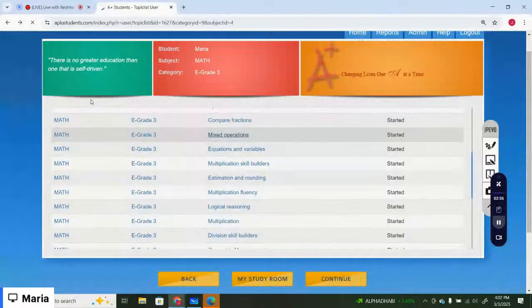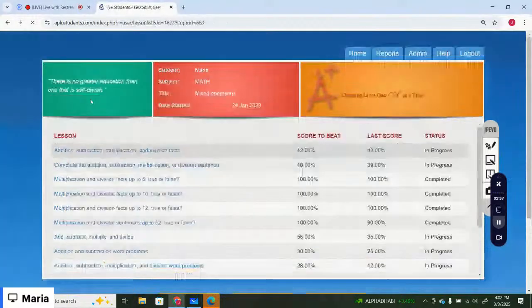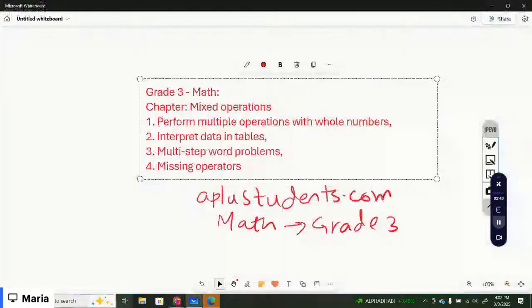The lessons we're going to cover today are perform multiple operations with whole numbers, interpret data in tables, multi-step word problems, and missing operators. So please make sure you have your notebook and pencil so that you can note down the important examples and definitions as well.